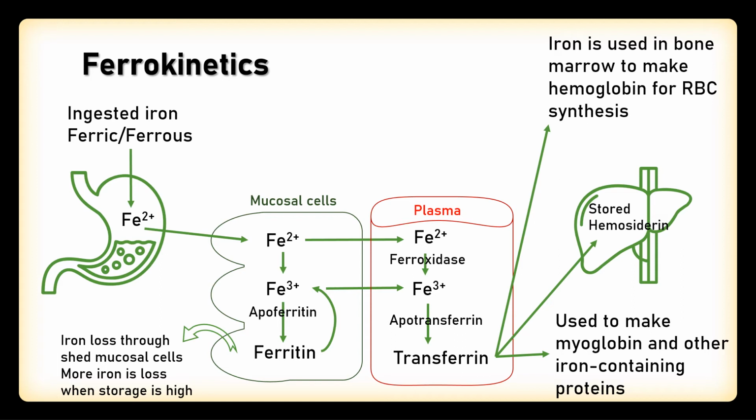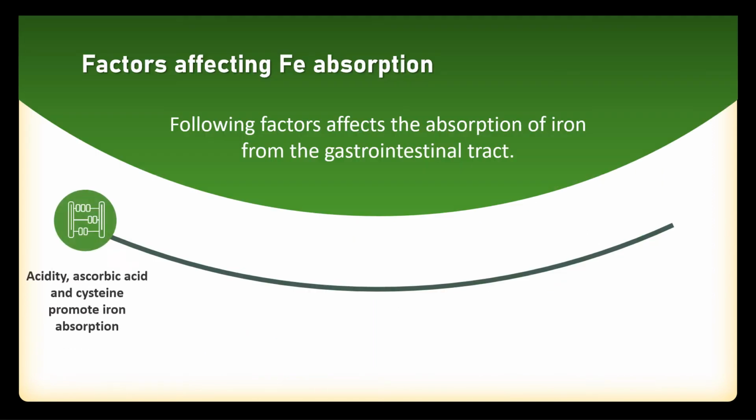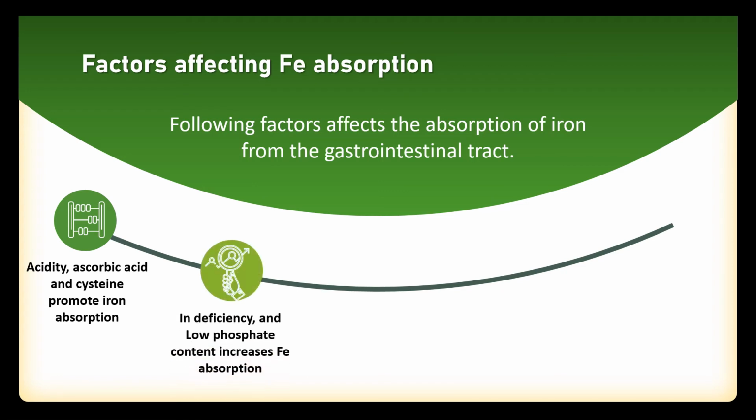Let's see what are the different factors affecting the iron absorption. Acidity, ascorbic acid and cysteine promote iron absorption. When there is a deficiency of iron, like in anemia, iron absorption is increased to about 2 to 10 times the normal.